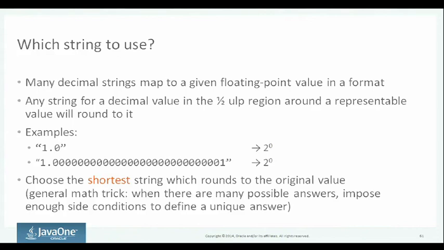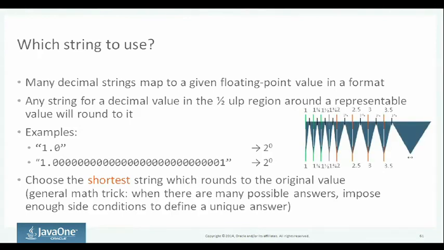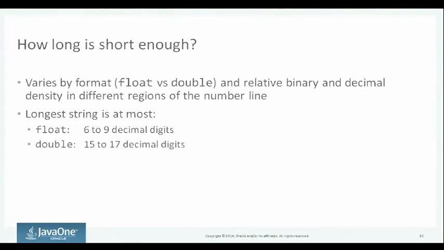So which one do we want to choose? Well, how about the shortest one? That seems reasonable, less output. And this is actually a general trick used in mathematics. When there are many possible answers, in this case an infinite number of answers, if you impose enough side conditions, you can get a unique answer. And often having a unique answer is easier to deal with than having many answers.